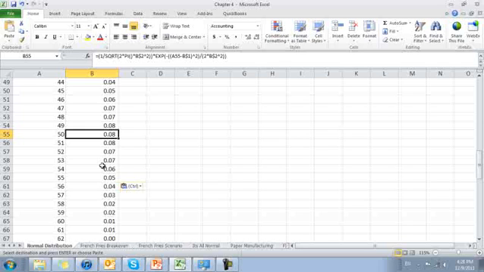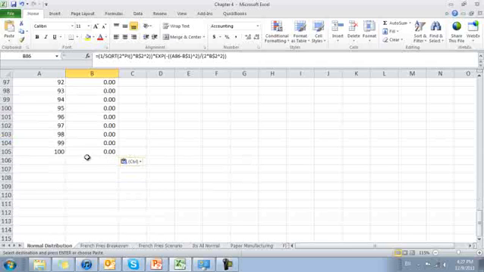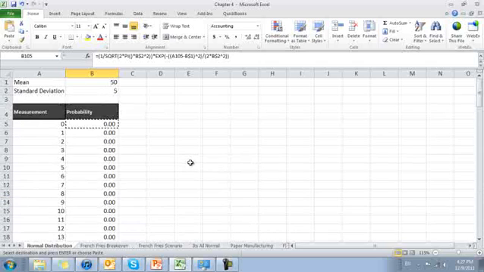So this isn't the range of 50 to 51 or the range of 49.5 to 50.5. It's exactly at 50. So you're going to find pretty small probabilities. I mean, the likelihood of getting exactly 50 on a measurement is pretty small. And after this, it starts to go down. See, now we're back at 0, and at 100, we're back at 0.